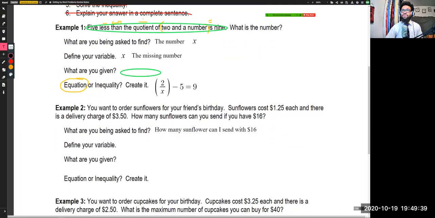So to assign a variable to sunflowers, you could stick with good old X. You can go with something a little more fun like F or flower. So let's do F for sunflower.